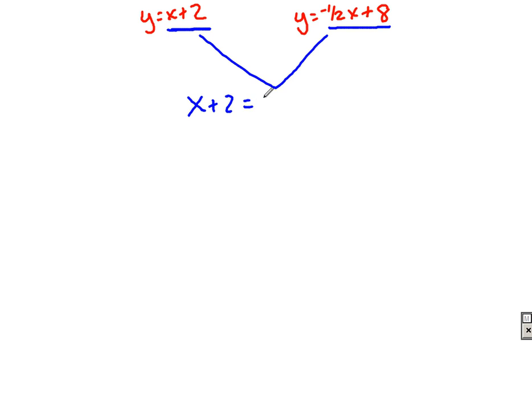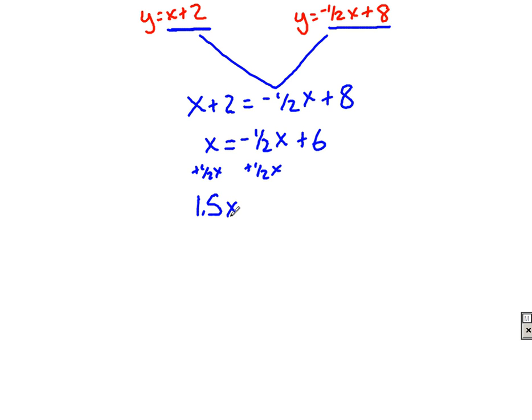So I'm going to say x plus 2 equals negative 1/2 x plus 8, and I'm going to try to solve for x. So I'll subtract 2 from both sides to give me x equals negative 1/2 x plus 6, and then I'll add 1/2 an x to each side, which will give me 1.5x on the left equals 6. Dividing by 1.5 gives me x equals 4.